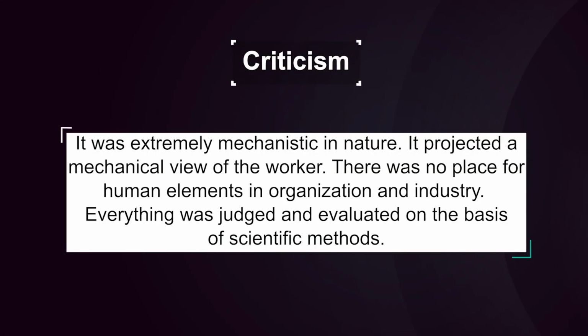The first major criticism against the scientific management theory was that it was extremely mechanistic in nature. It projected a mechanical view of the worker. There was no place for human elements in organization and industry. Everything was judged and evaluated on the basis of scientific methods.